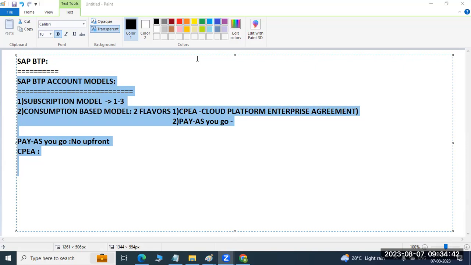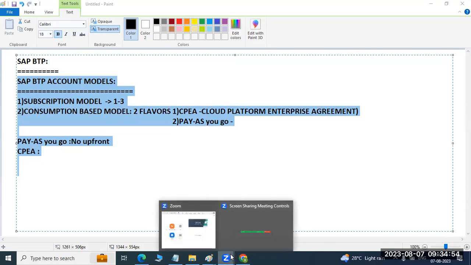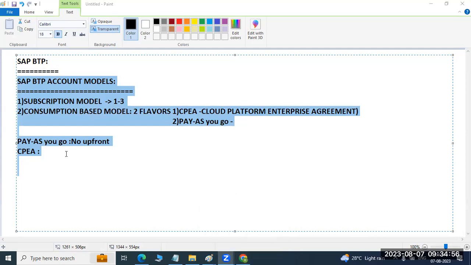If you have any doubts, in the next class you can ask me for doubts and clarifications. This is entirely new technology for everyone, so if you want more details, let me know and I can give more information. Today I only gave a little bit of information about BTP. If I go deeper, you will get confused on the first day itself, so I am just giving the account model.